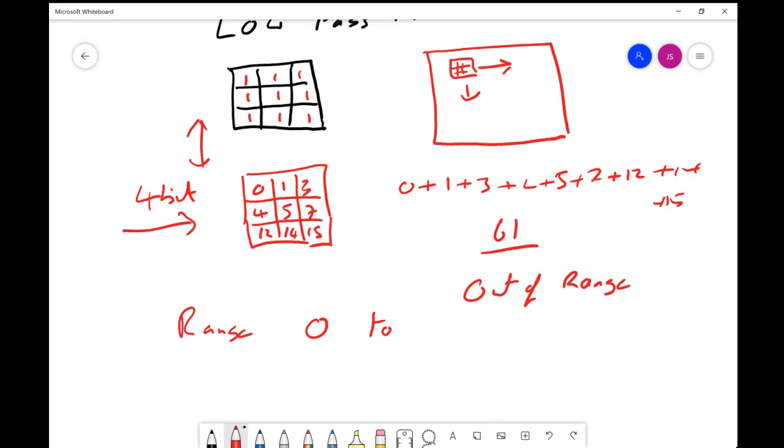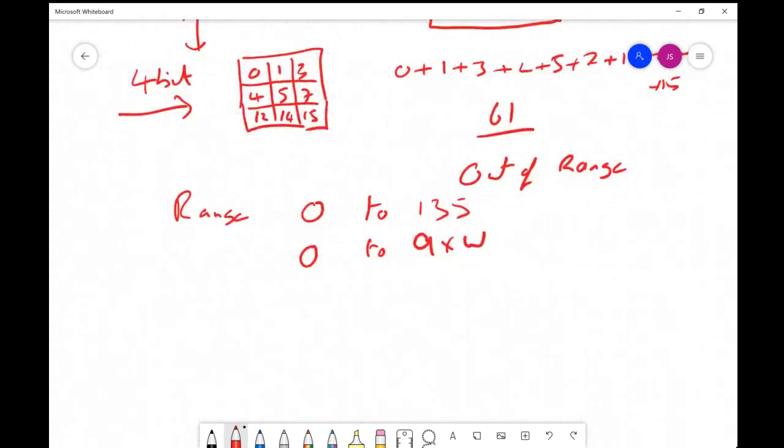In 8-bit images, it would be 255. With 4 bits, 15, there's 9 of them. 15 nines. What's 15 by 9? 135. Or in terms of image, it's 0 to 9 times W, where W would be 15. So the range is 0 to 9W.